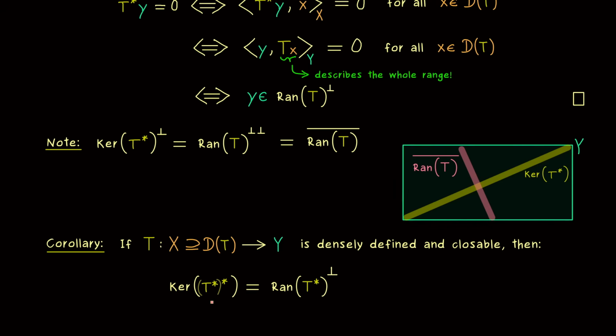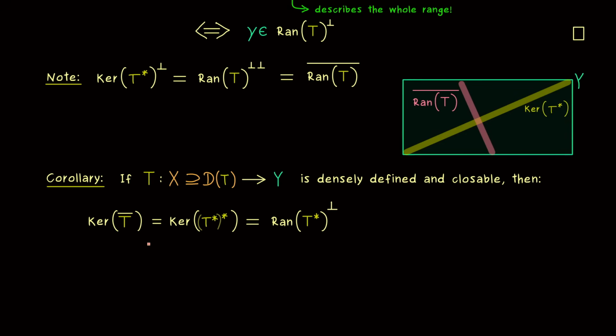However, now these two spaces here live in the Hilbert space X instead of the Hilbert space Y. And moreover, we already know that the double adjoint of T is just the closure of T. Therefore, the kernel on the left-hand side is quite simple. We just have the kernel of this closed operator. Hence, if T is already a closed operator, this would be just the kernel of T.